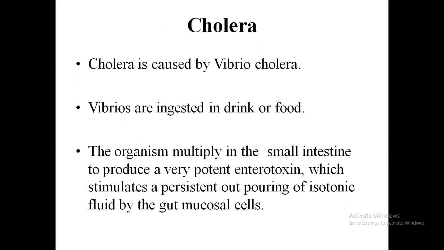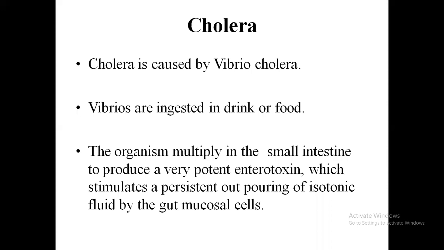The next bacterial infection is cholera. It's caused by Vibrio cholerae. It is ingested again in water or food, and it will multiply in the small intestine to produce very potent enterotoxins, which stimulate a persistent outpouring of isotonic fluid.